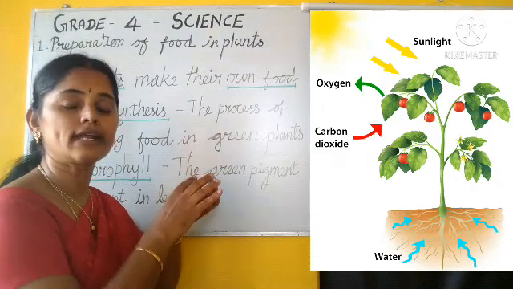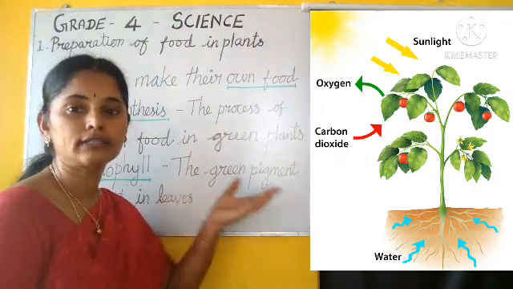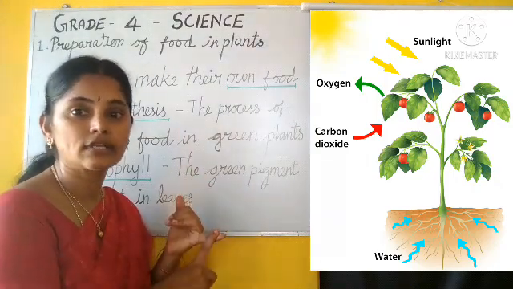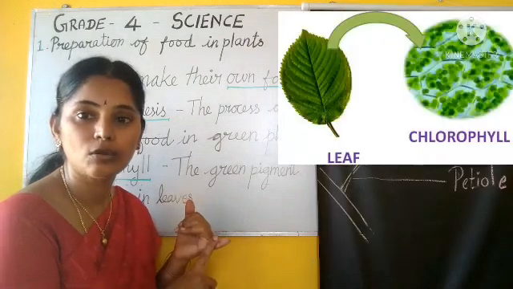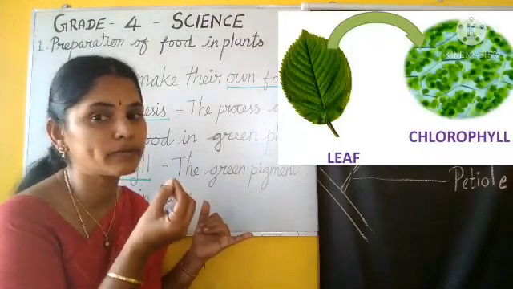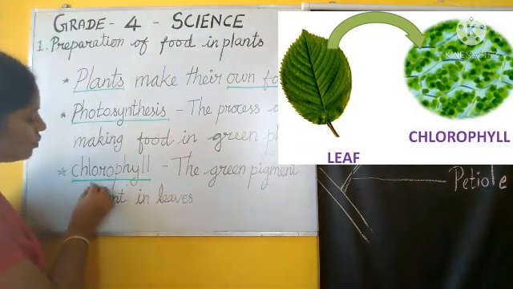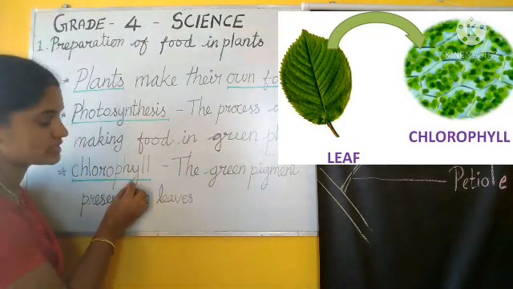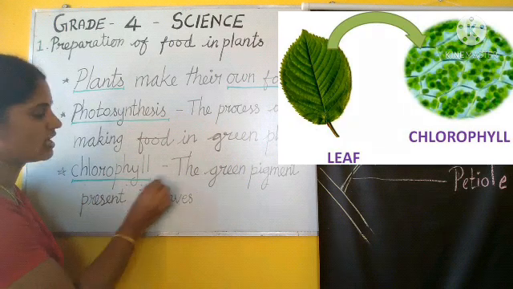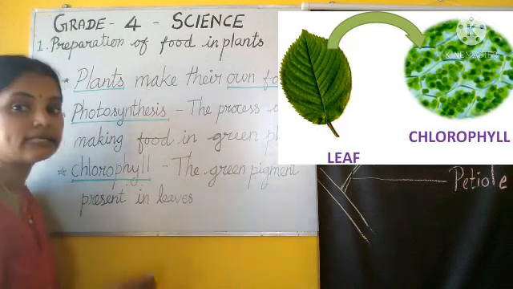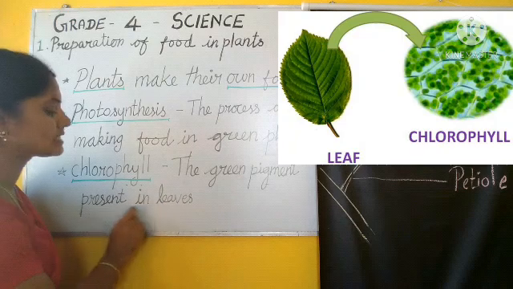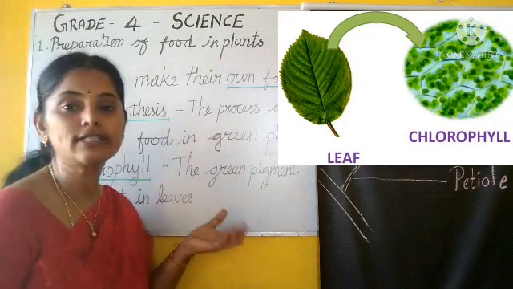Okay, in leaves, what things are happening? In every cell of the leaves, one green pigment is present. I said, no. What is the name of that green pigment? Chlorophyll. The green pigment present in leaves is called chlorophyll.